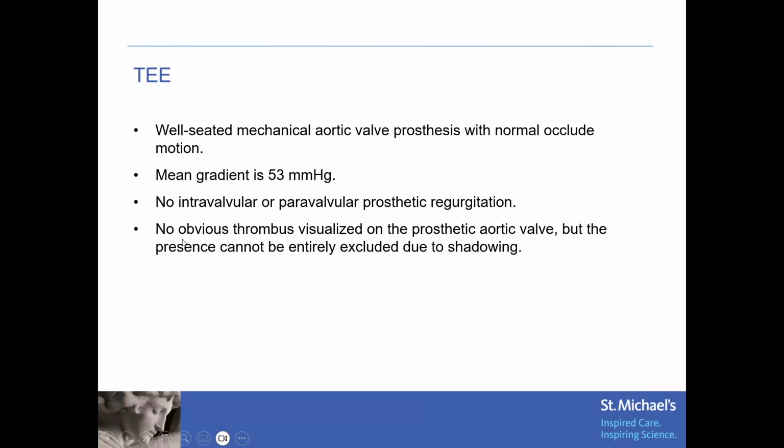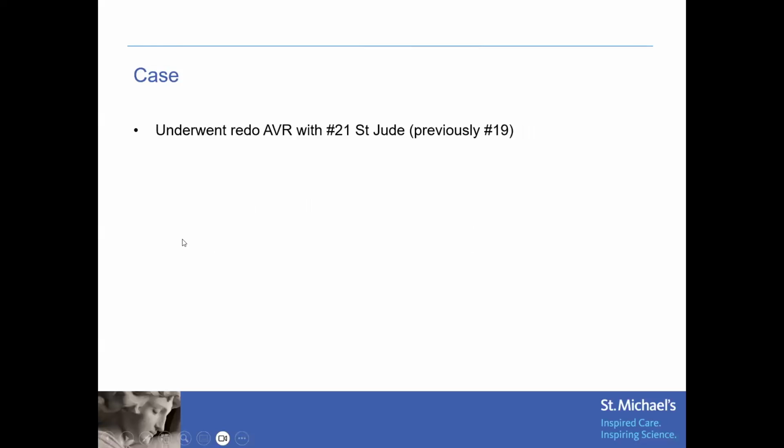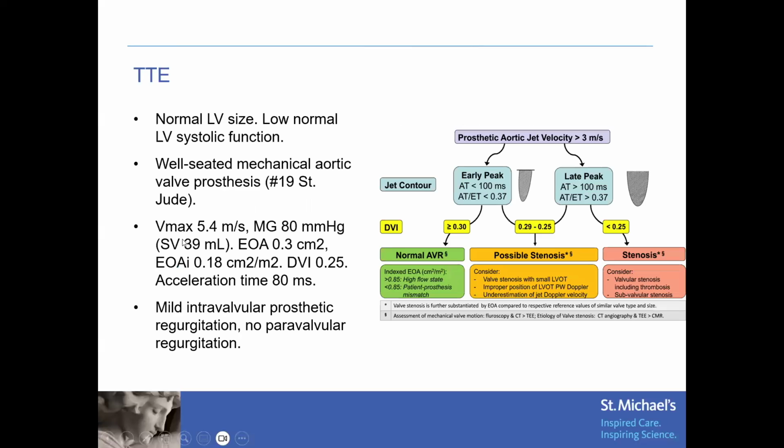So thinking about putting it all together, what is the most likely mechanism here? I'll just go back to this here. The EOA being so low should always put patient prosthesis mismatch as one of the possibilities, particularly when you have really high prosthetic gradients.